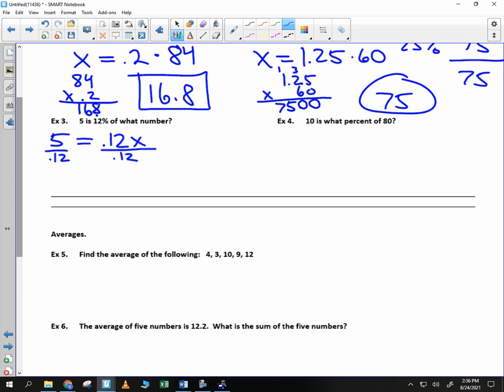So we're now doing 5 divided by 0.12. Do you remember the trick to dividing decimals? Whatever you move the decimal place on the bottom, you do to the top. So if I put a 12 on the bottom, what goes on top? 500.